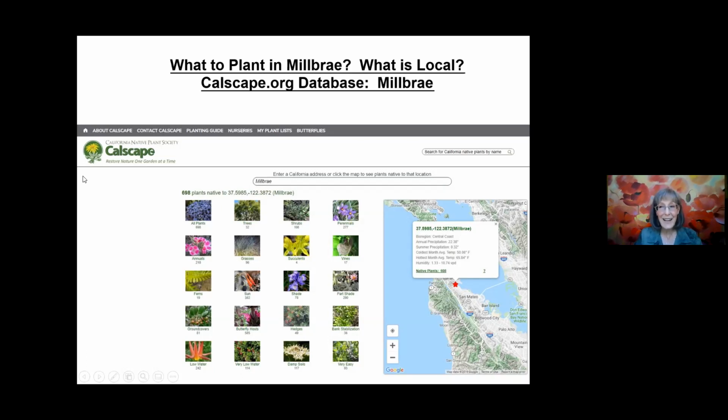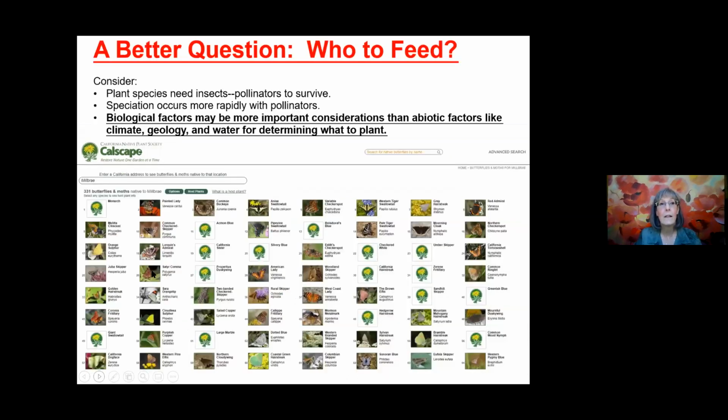But I look at deciding what to plant in a different kind of way. I think about what to plant, but I also think about a more important question. And that question is, who to feed? So consider here that plant species need insects, like pollinators, in order to survive.